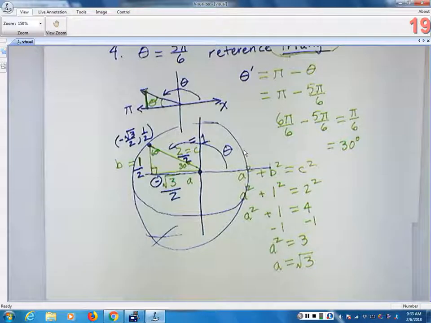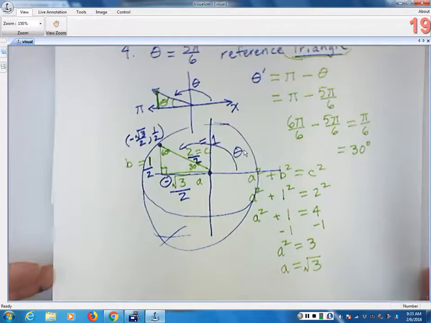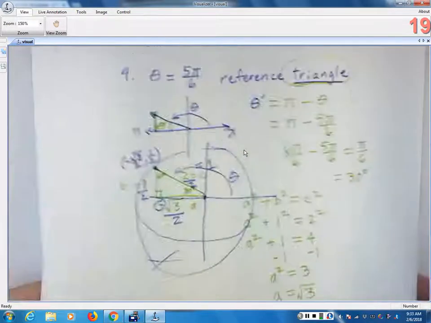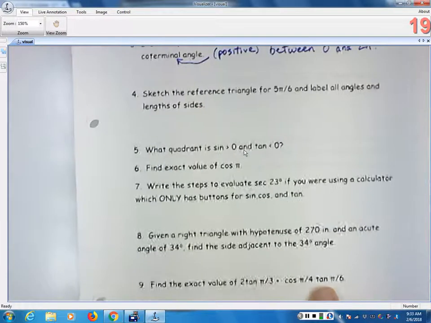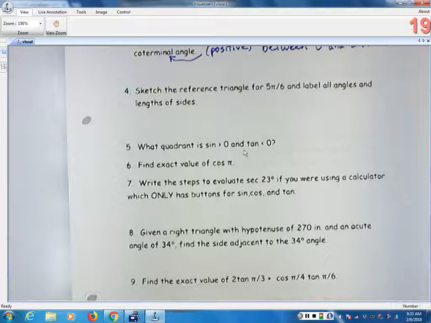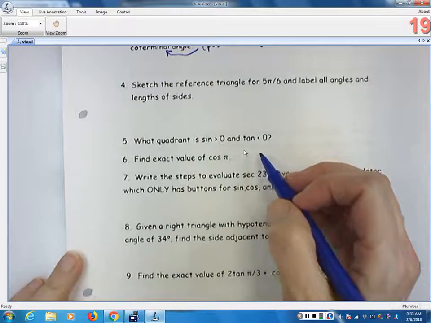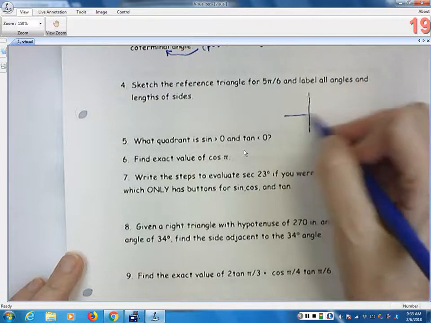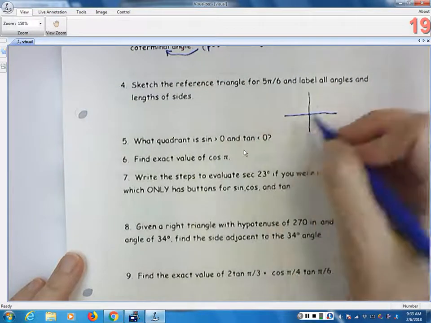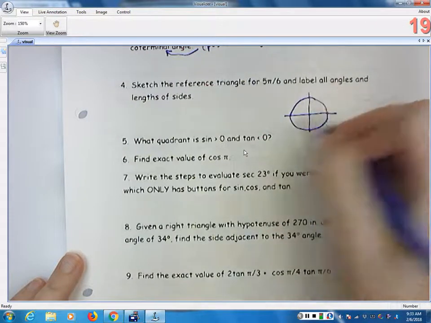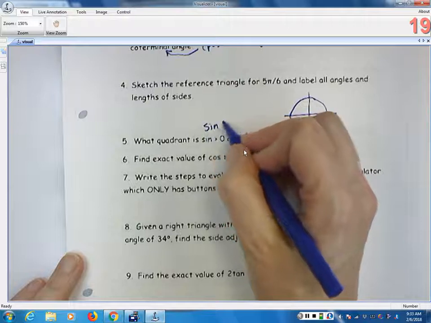Okay, question 5. What quadrant is sine greater than 0 and tangent less than 0? Yeah, so if you think about it, on the unit circle, sine of theta is y.